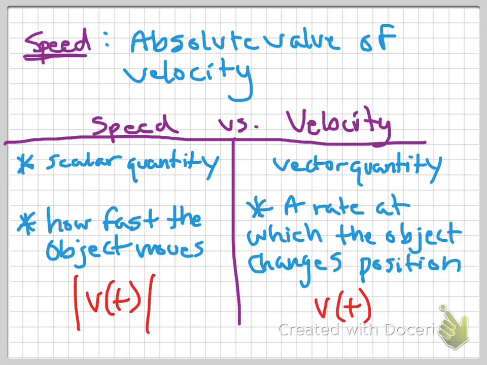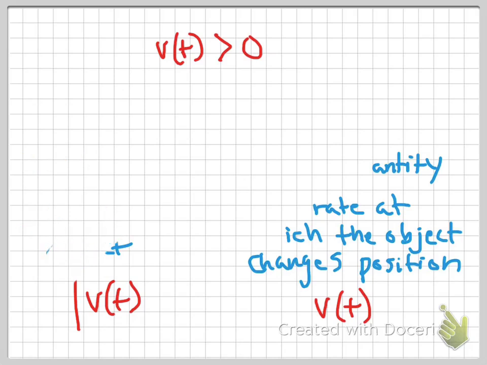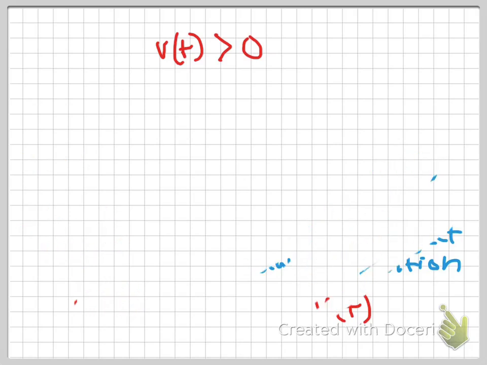I think let's do this. I'm going to erase this page here for a second, make some space here, just to kind of clean some of this up. If velocity, I think this is important to write down, if velocity ends up being a positive number greater than 0, so we'll write that down over here. If velocity ends up being positive, then you know that your object is always moving in a positive direction.